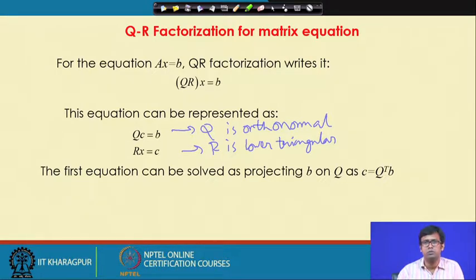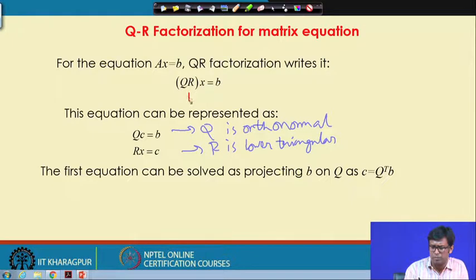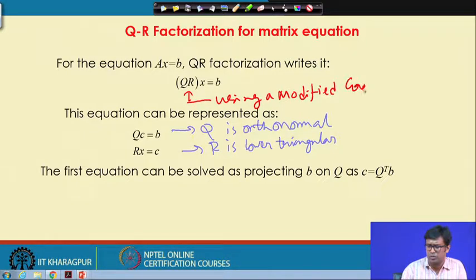What is known to us? B is already known to us from the matrix A. You run a Gram-Schmidt process and get the orthonormal matrix Q. This can be obtained using, say, a modified Gram-Schmidt algorithm.